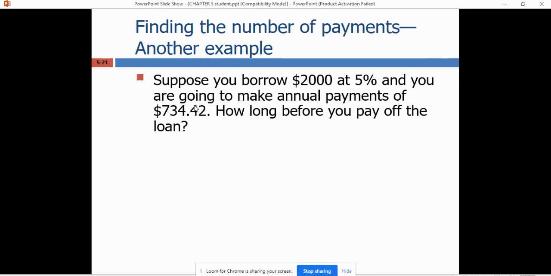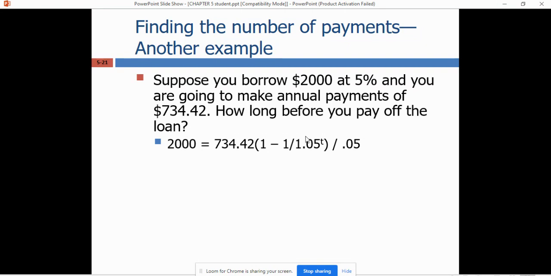So let's calculate. This is the PVA. Since it's an annuity question, the present value annuity equals your annuity times 1 minus 1 over 1.05 to the power of n, divided by the interest rate.